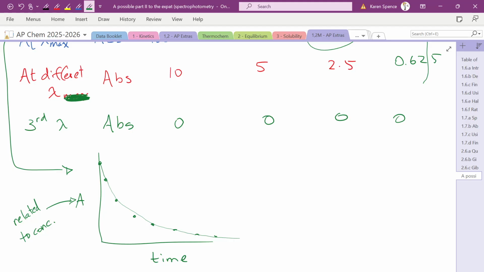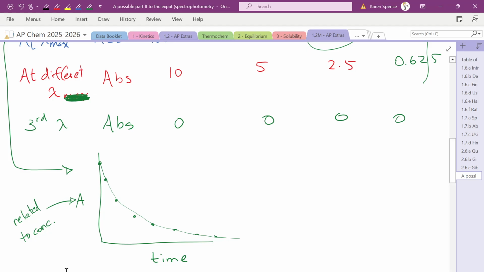Okay, so in that experiment, there would be part 1, find the lambda max. Part 2, find what absorbance goes with what concentration. And then part 3 would be to do this. Now we're going to take a look at what absorbance goes with what concentration, and that is called Beer's law.